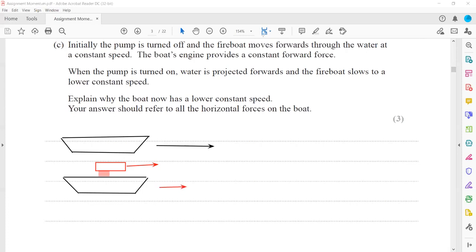It is moving at a constant speed, but this constant speed is a lower constant speed. So we have to explain why the constant speed is lower. So initially, first thing, when the speed is constant, it means there is no resultant force acting on the boat. So the resultant force on the boat is zero.